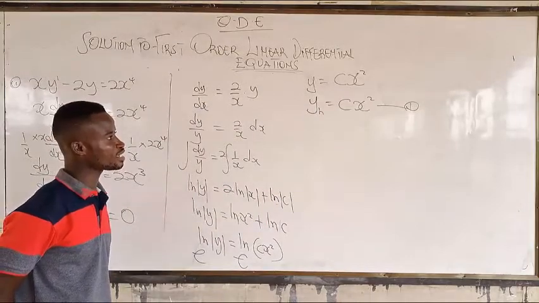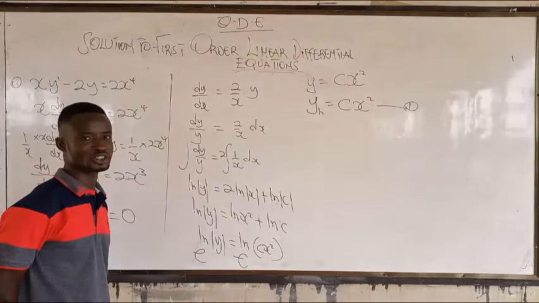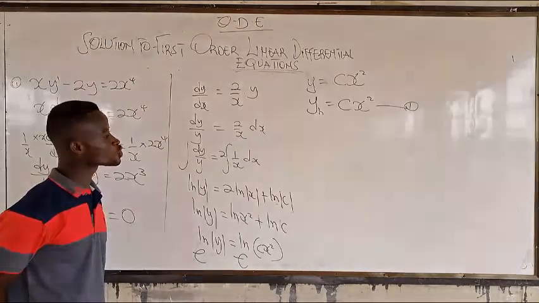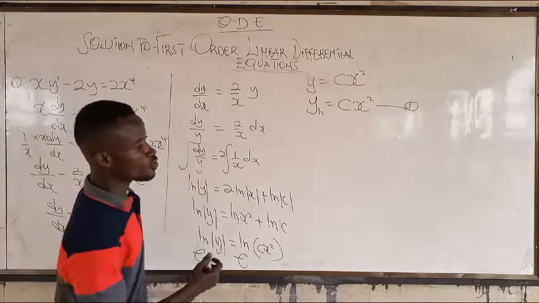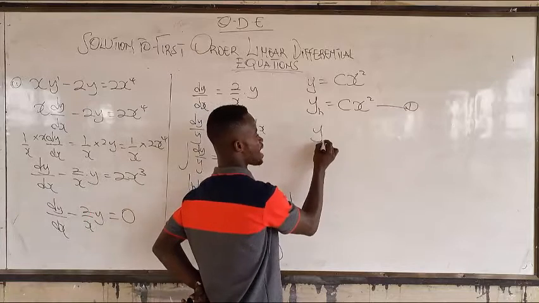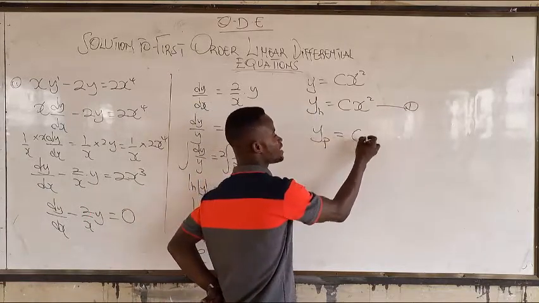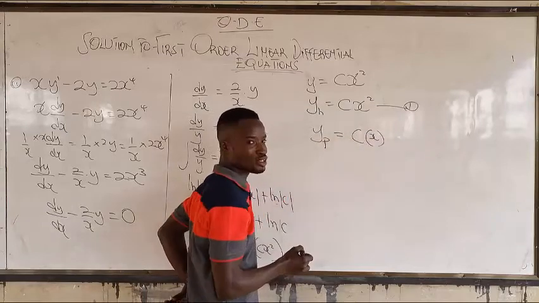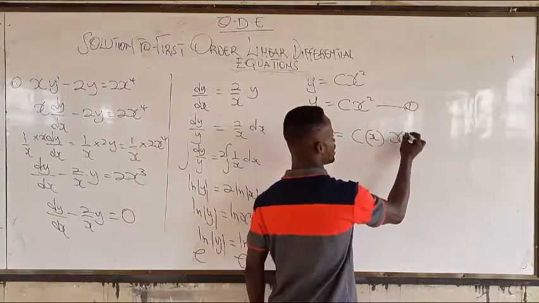Then we are saying that if this is representing the solution for the homogeneous part, we need to go for the particular solution. So we write this as y of p. The h changes to p, but here the constant c will be in terms of x. Then we multiply by the s squared.